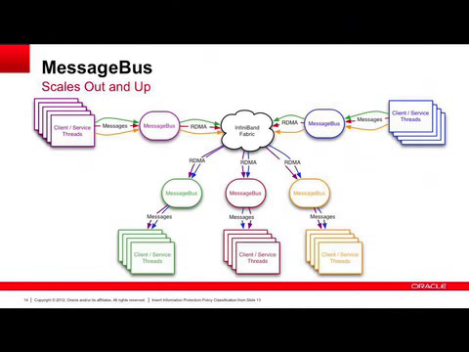Those messages go over multiple pipes to the MessageBus, with multiple threads servicing that. MessageBus through InfiniBand uses RDMA directly to pass that message to the remote memory on the other side, and the MessageBus on the other side picks up that message, and then again has multiple pipes, multiple threads to deliver those messages to the service to be processed.